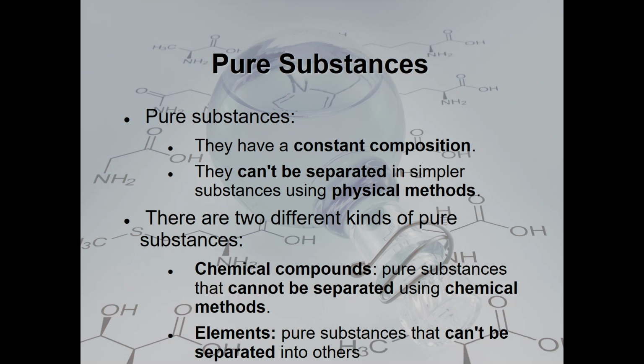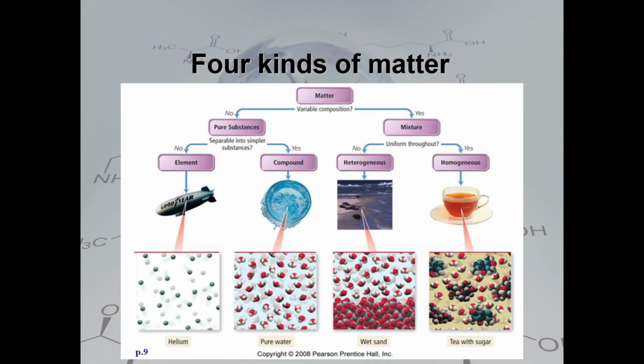Chemical compounds are pure substances that can be separated using only chemical methods, or I should say cannot be separated using physical methods. That's an error in this PowerPoint. Elements are pure substances that can't be separated into others.